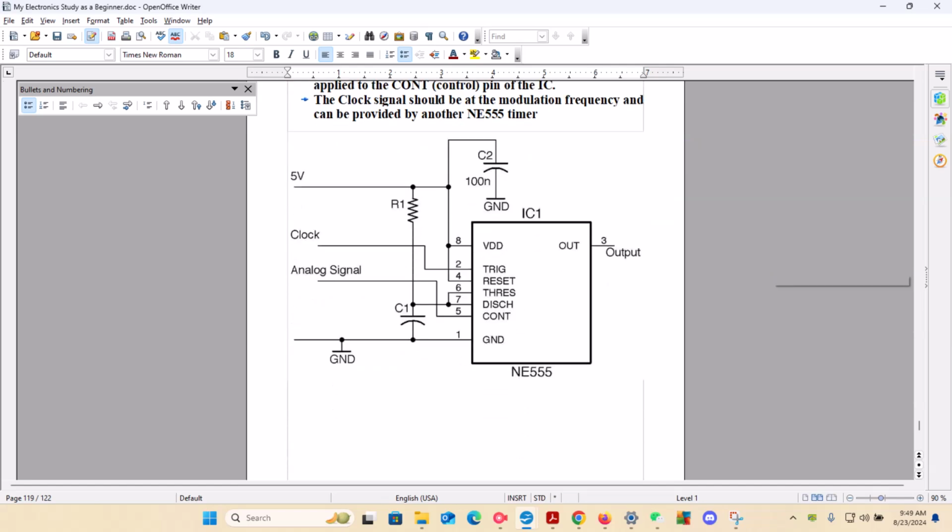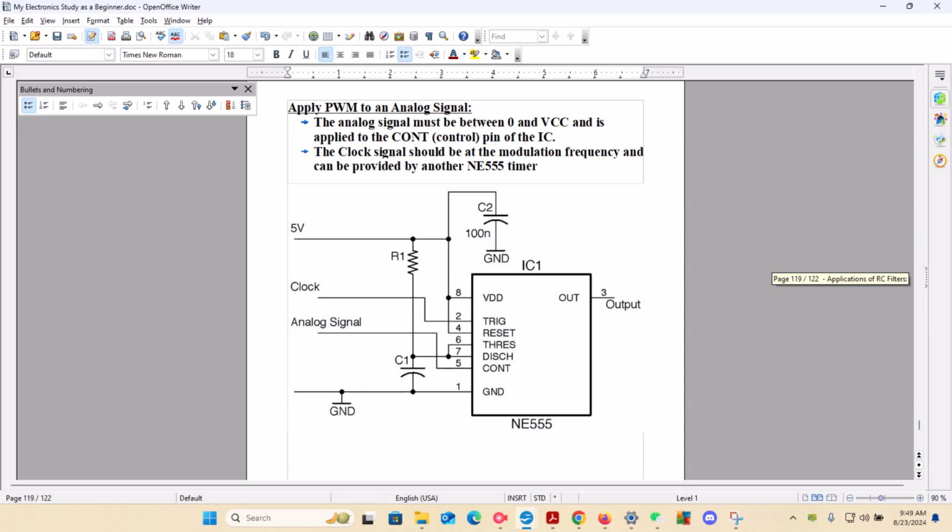Now this can get quite complex, so we want to look at it from left to right again. We want to look at each function and its own path. So we have 5 volts going in, just like we had it going vertical, this is horizontal. This is going directly to capacitor 2 and then to ground. If it doesn't go directly to capacitor 2, it's going to go through resistor 1 for its clock cycle, and then it can go directly to capacitor 1.